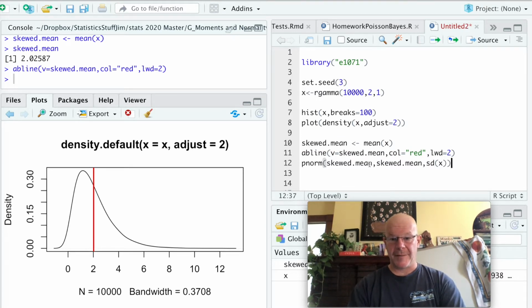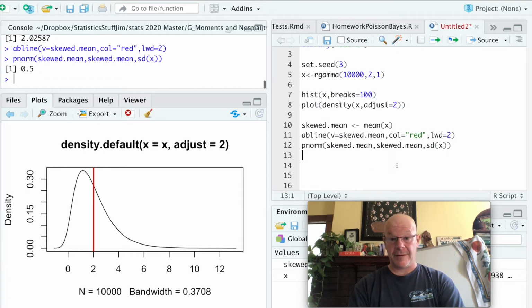So I'm taking my observed mean, and then I'm putting it back in here again as though this were a normal distribution. And you'll see that it says 0.5. So in principle, if this were truly a normal distribution, we would expect 50% of the probability mass to be below the mean and 50% of the probability mass to be above the mean.